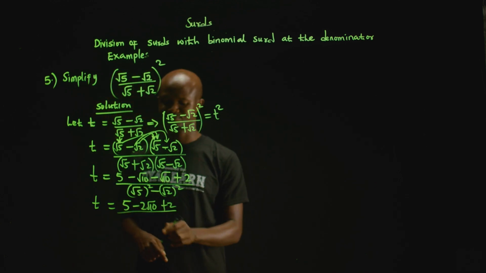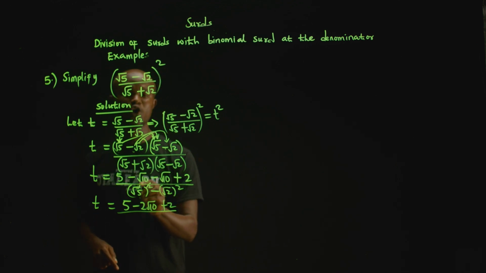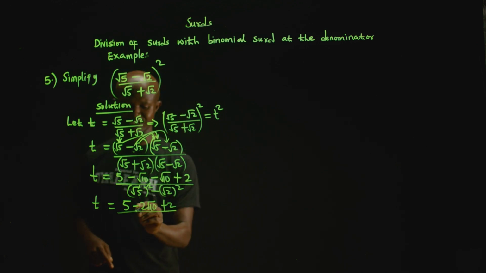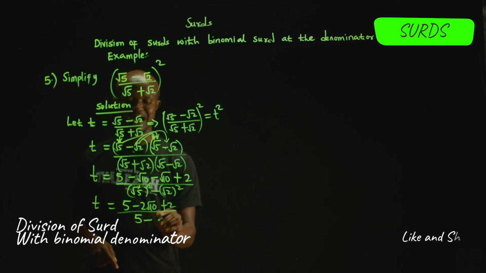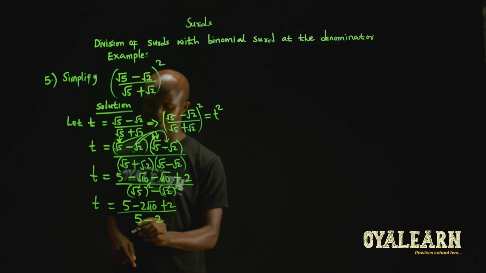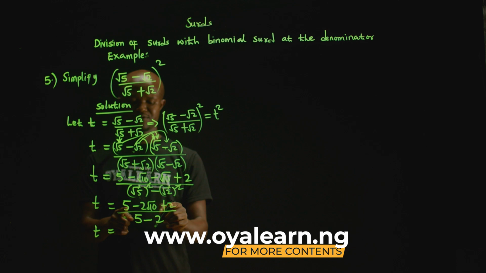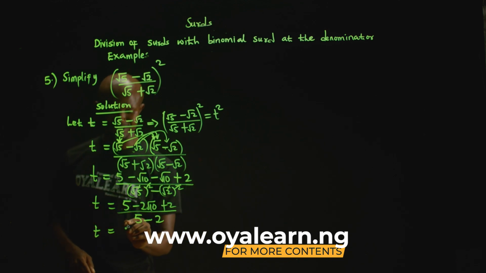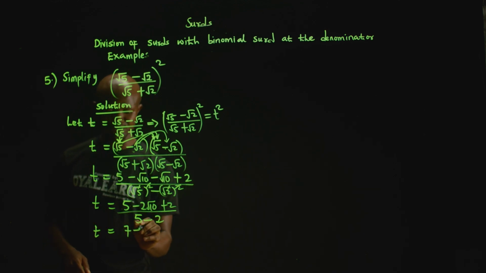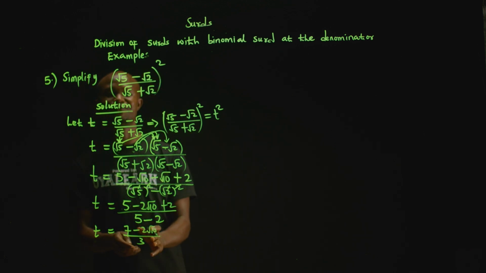This is √5 squared, these two go with the square root, so we have 5, and also the 2 here goes with the square root, we have 2. So adding 5 plus 2, that is 7. So we have t equals (7 − 2√10) divided by 5 − 2, that's 3. That's for t. So we have simplified t.